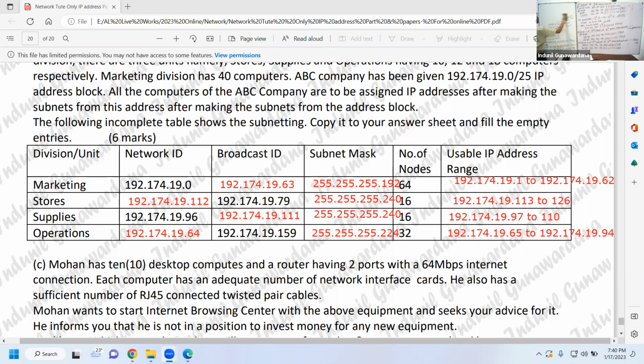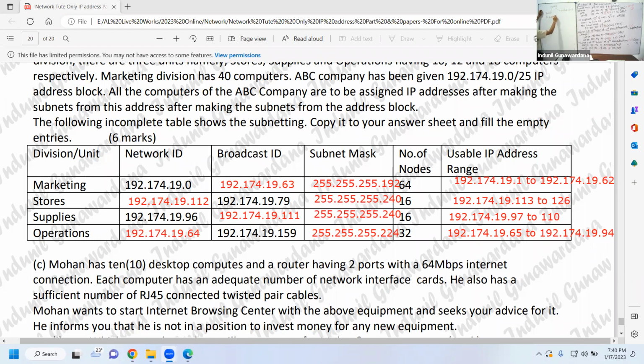I did that question in my own way, right? I think it's not matching with the marking scheme even. I'll show you the marking scheme. So then what we have done is we have the company, then broke that into marketing having 40 hosts, then production. Under that what we were required is supplies.